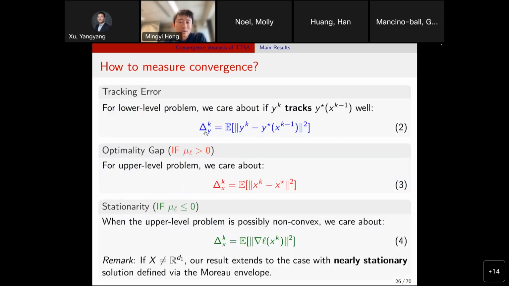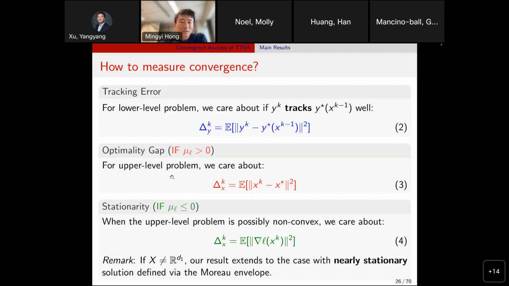And we use two items to bound two different quantities to bound the progress of the algorithm. One is called delta y. It tracks how close the lower level solution is to the optimal solution based on the current iterates, right? Because we never solve the lower level problem precisely, so this is never zero. It will converge to zero, but never zero. But we need to know how close it is in order to do the analysis.